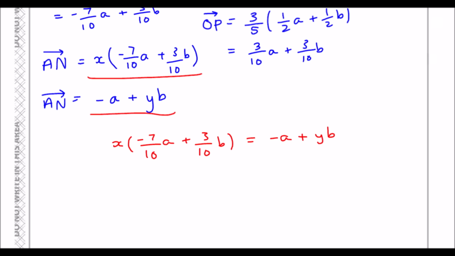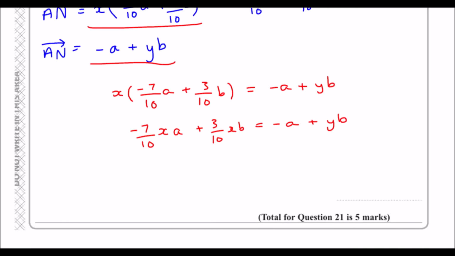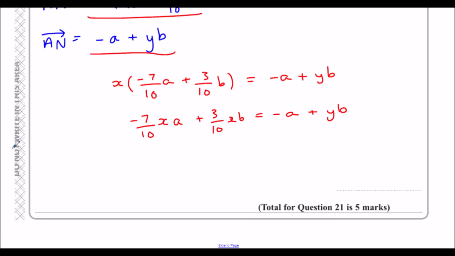So if I expand this with the x first, -7/10 xa plus 3/10 xb equals minus a plus yb. And then what I can do, I can look at the a's and b's separately. So the a's must be equal and the b's must be equal. So if I just look at the a's, I've got minus 7/10 x on the left side.